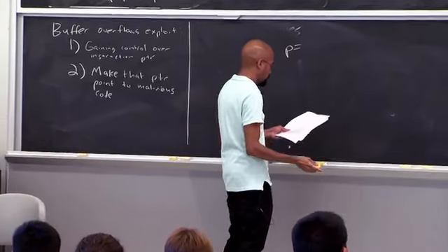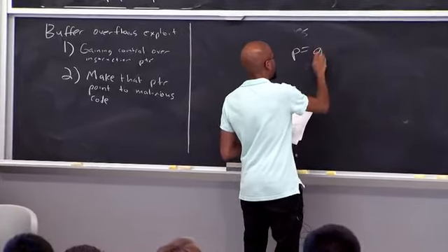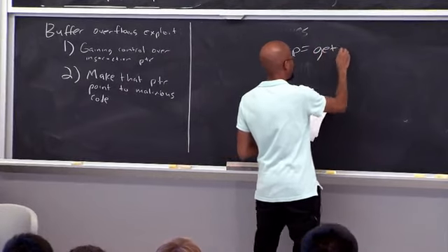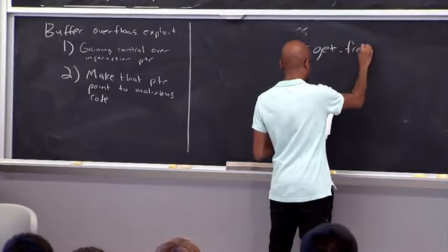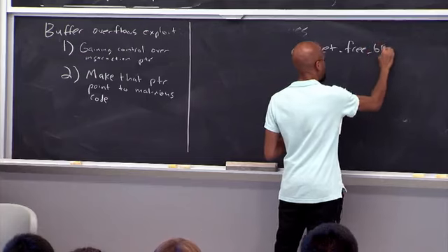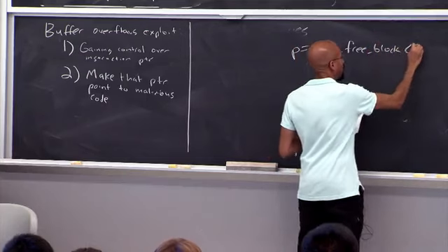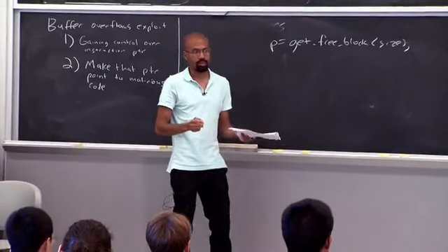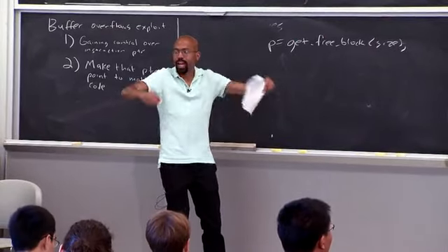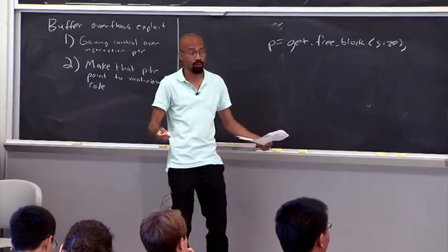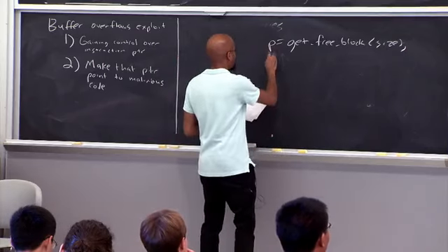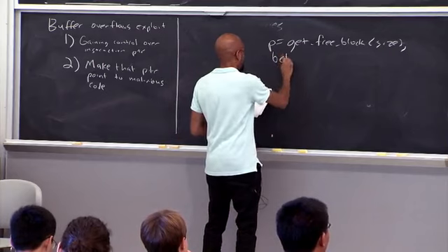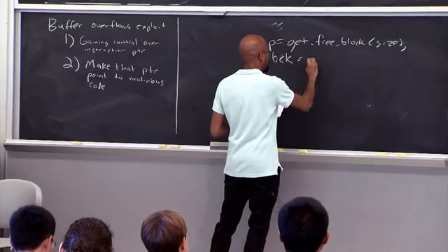Somewhere in the implementation of free, it's going to get some pointer based on the value of size, right? Where size is something the attacker controls because the attacker did the buffer overflow. So you can imagine that it does a bunch of pointer arithmetic.